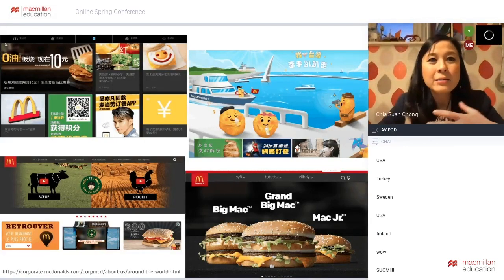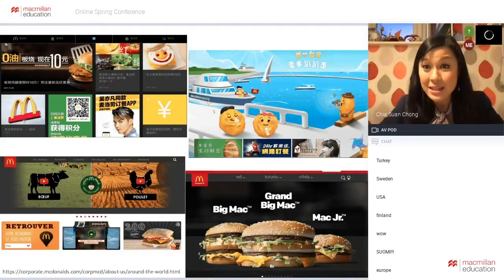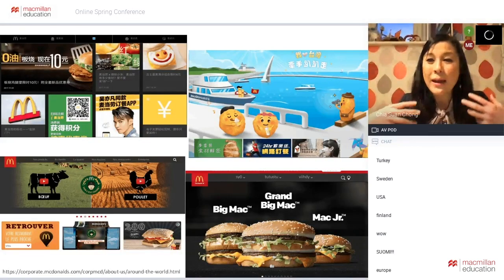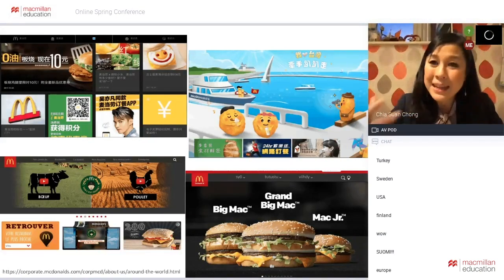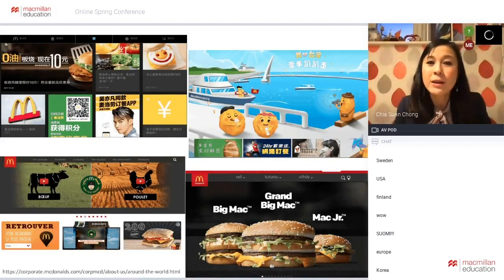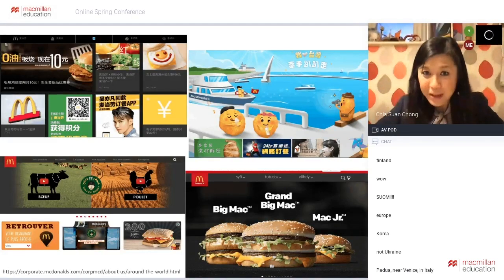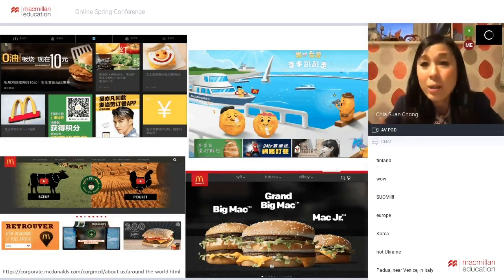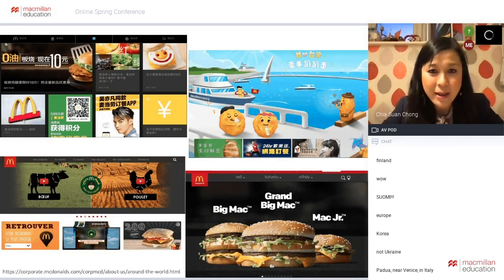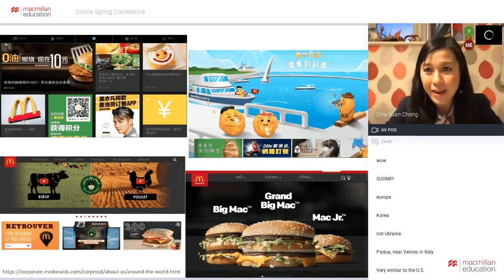Now, there are people who have been doing a lot of studies into advertising and what appeals to different cultures. Let's start with the Finnish one. If you look at the Finnish McDonald's website, you will notice that it is very, very simple and plain with a black background. There are not many advertising messages there. Just simply the names of the products, nothing else.